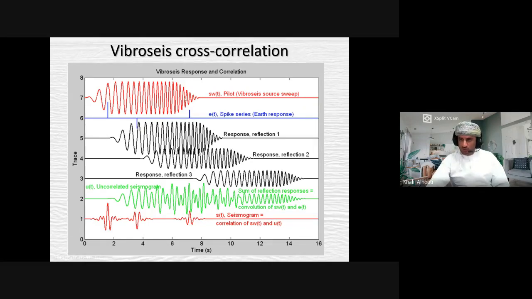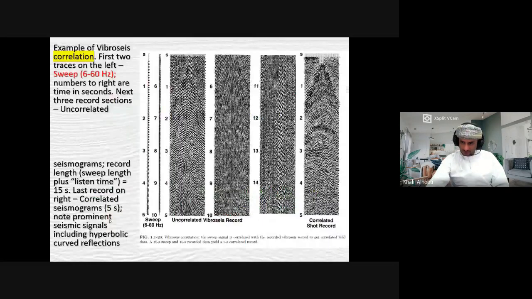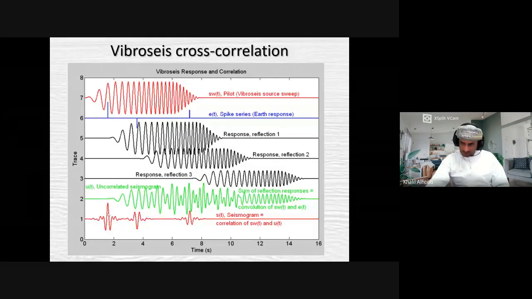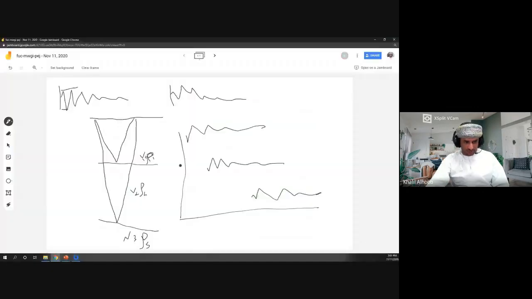So once you correlate this one with this trace, you get a nice picture, a nice trace. So this is the reflection from the first layer interface, second interface, third interface. Those are exactly the things you have seen here. So your trace becomes something like that.